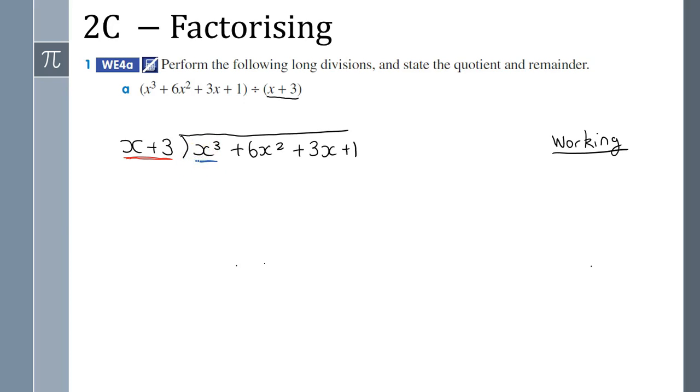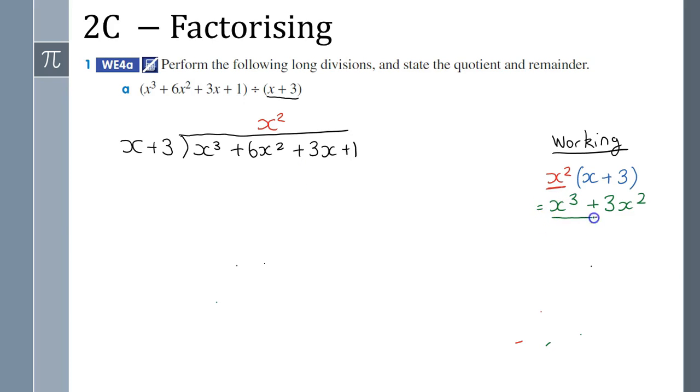So I've got to ask myself, what would I multiply x plus 3 by to get x cubed? The answer for that one is I would multiply it by x squared, because that would give me x cubed, which is what I want, plus 3x squared, and put it up the top in the x squared column.